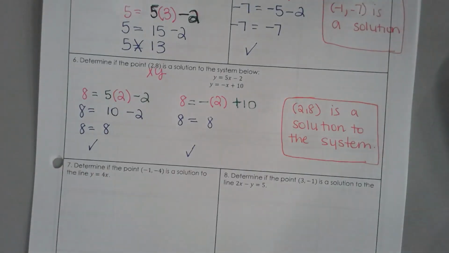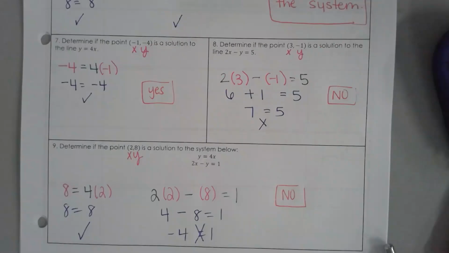I want you to try 7, 8, and 9. So number 7, we were plugging in a negative 1 for x and a negative 4 for y. And when we did the math, we got negative 4 equals negative 4. If you get the same number on both sides, it's good. Number 8 should have been plugging in a 3 for x and a negative 1 for y.